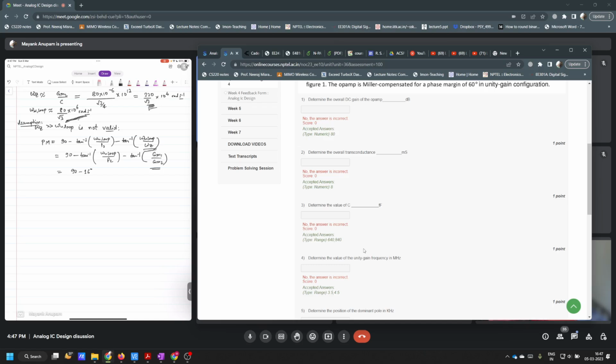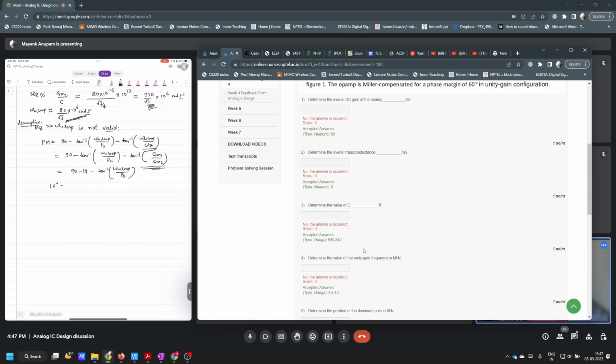Tell me what is the value of this? 14.03. Then tan inverse of omega u loop by p2 has to be equal to 60 degrees, right? So this is 30 minus 14, and that is equal to 16 degrees.